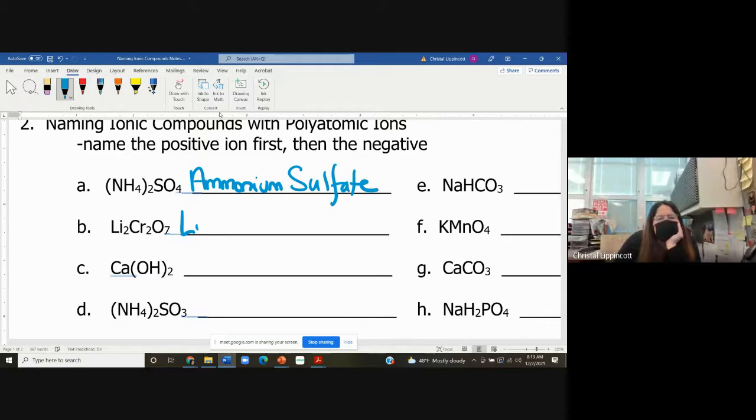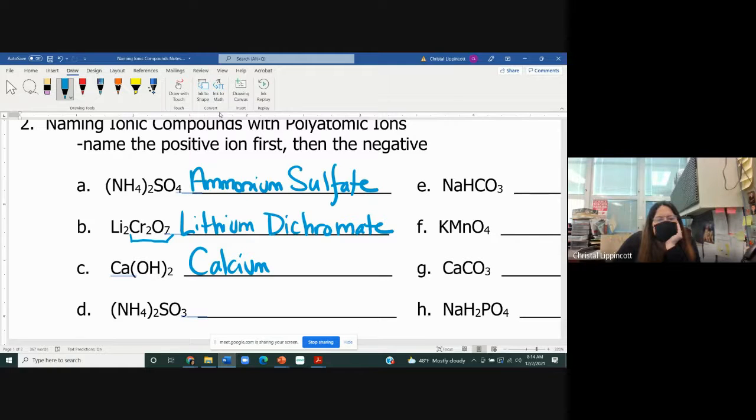Here's lithium. He only has one choice. What is this guy here? All of this mess. Chromium and dichromate, right. So lithium dichromate. This is calcium, one option.